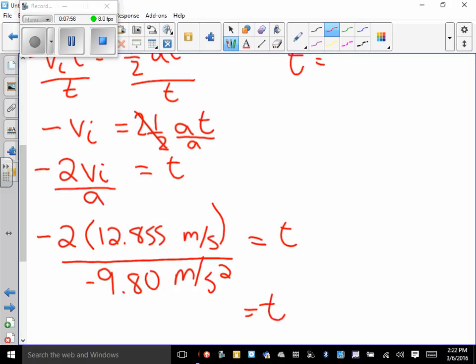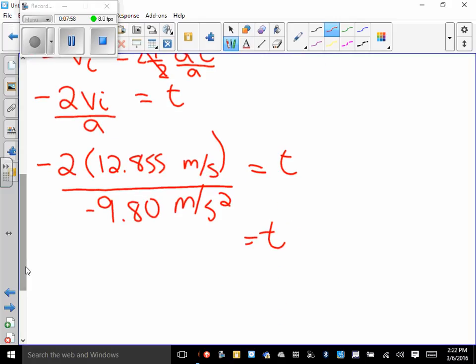Can anyone guess before I even do my calculator what I'm going to get? When I round it off, I get 2.6 seconds again. My whole point is that you have all of these formulas that you can use depending on the information you're given. You have to think about what you know, and analyze whether the motion is vertical or horizontal. Sometimes there are many ways to get to the same answer.